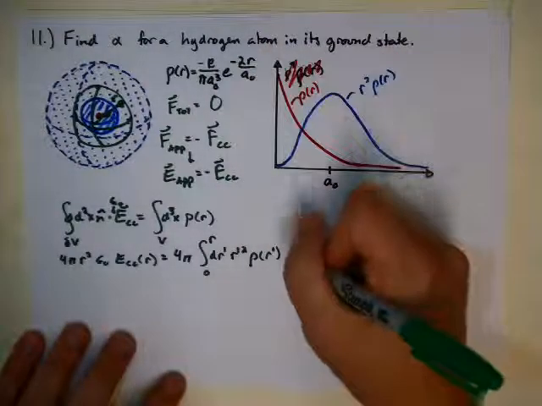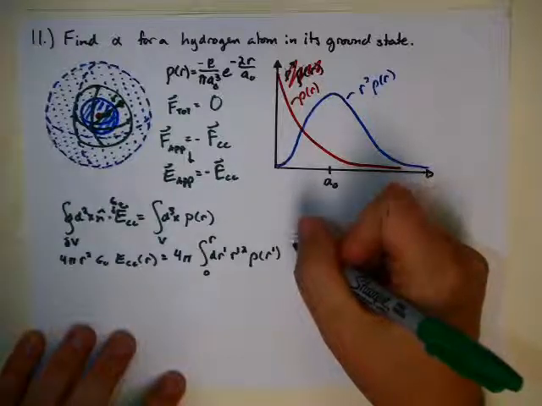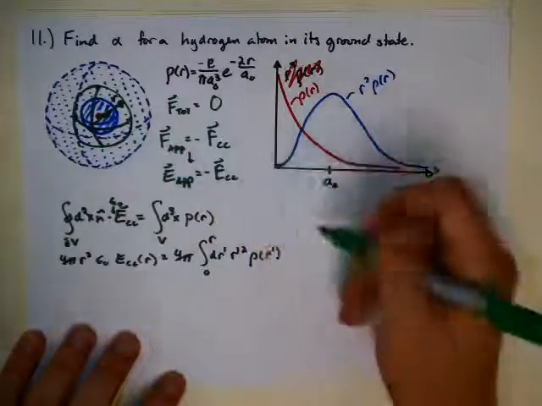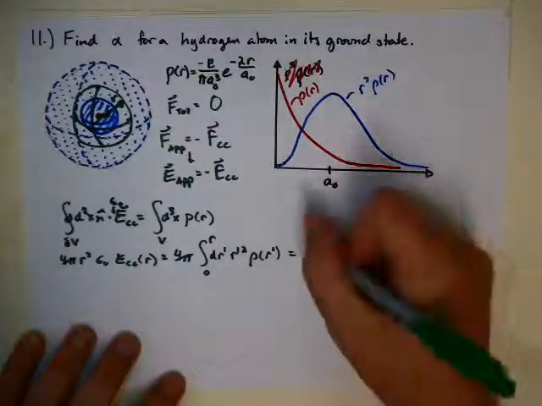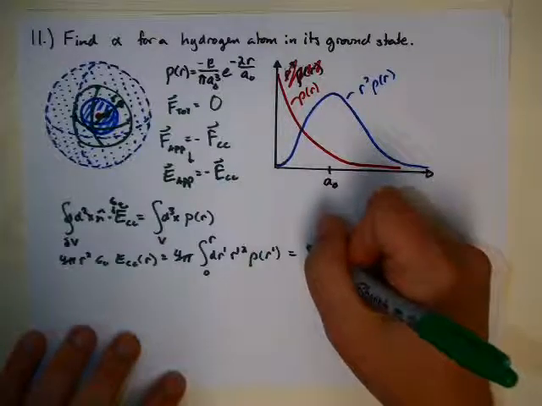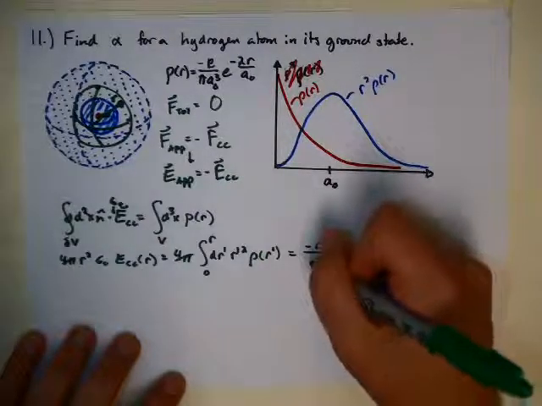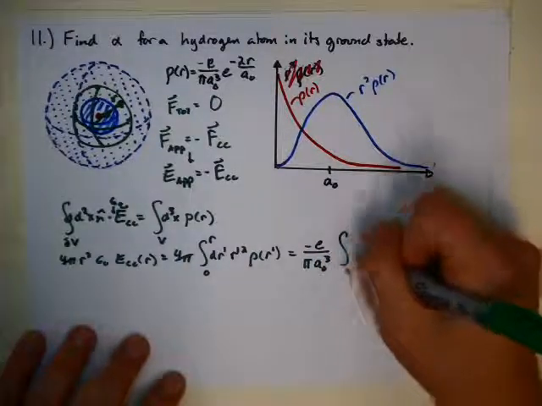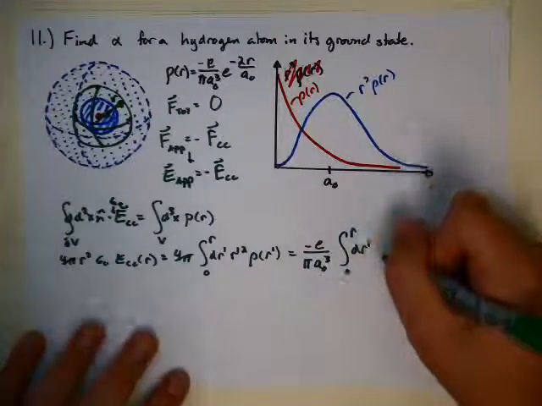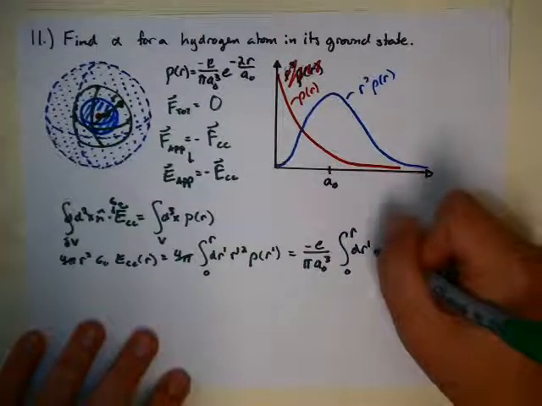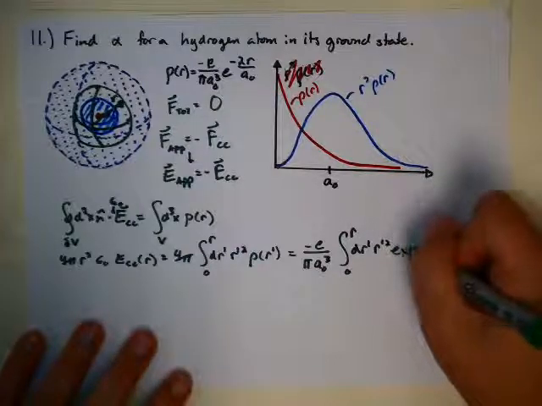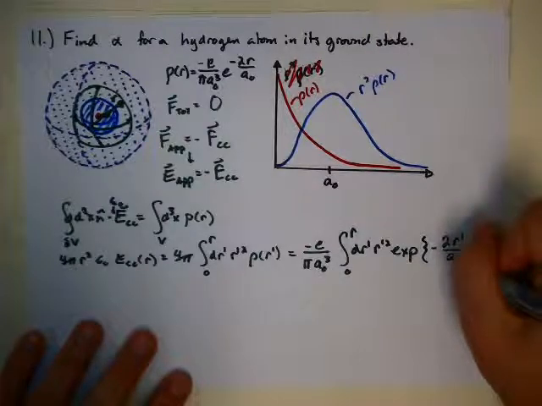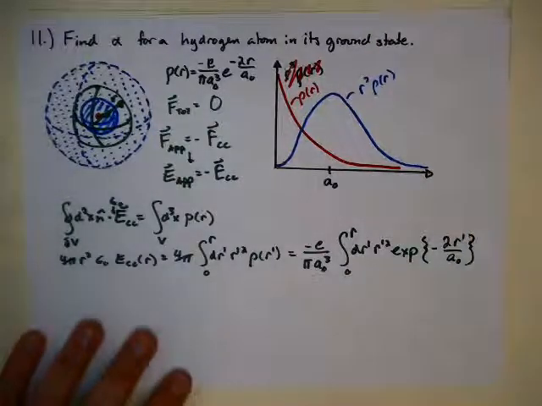Going and plugging stuff in, ignoring the 4 pi, this is minus e over pi a naught cubed times the integral from 0 to r of dr prime, r prime squared times the exponential of minus 2 r prime over a naught.